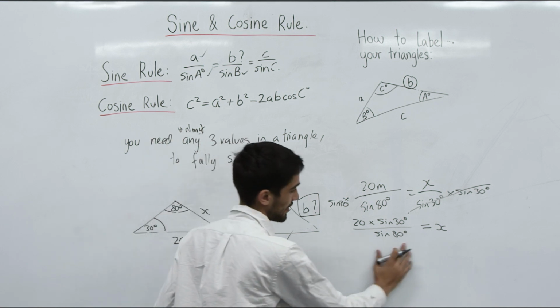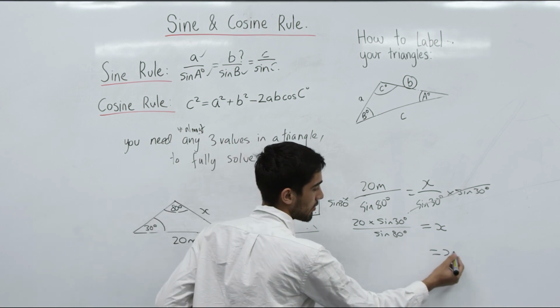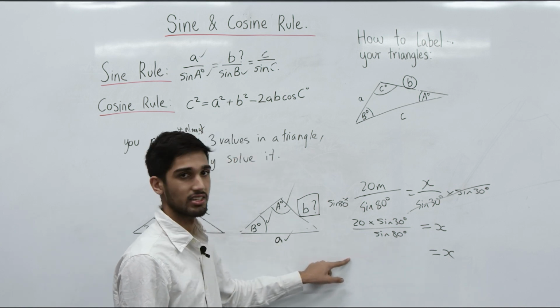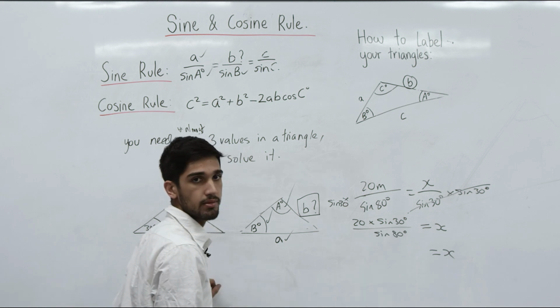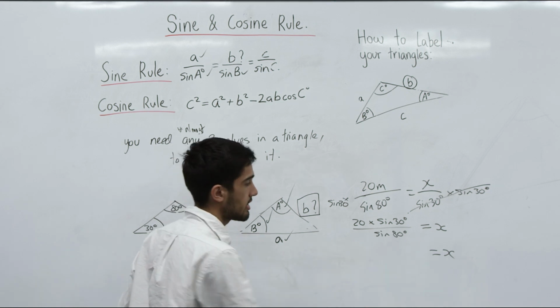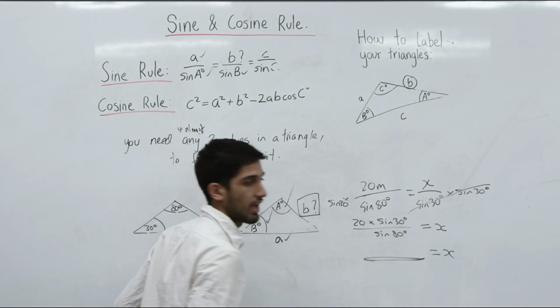Now, I still don't have a calculator on me, but what we can do is we can insert the answer here, but all you do in your calculator is 20 times sine 30 divided by sine 80, and you'll get your answer here for X.